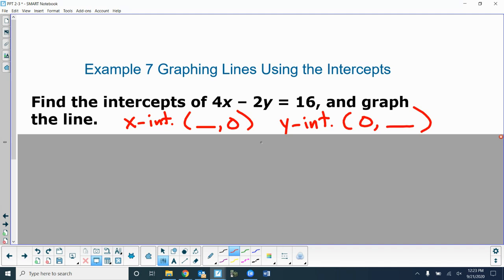If I'm looking for the x-intercept, I put it right over top of that, so you can't see it. 4 times what is 16? 4. So we got that one. Looking for the y-intercept, I cover up that with my pencil eraser. Negative 2 times what is 16? Negative 8. It's that quick. Does that make sense?